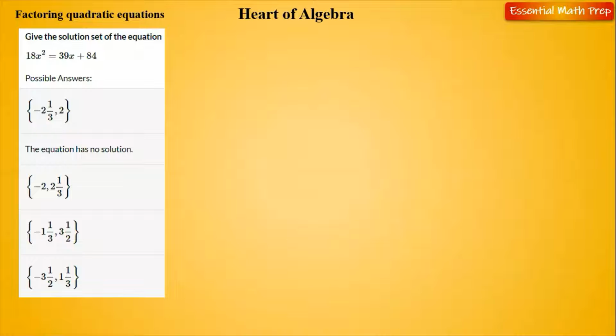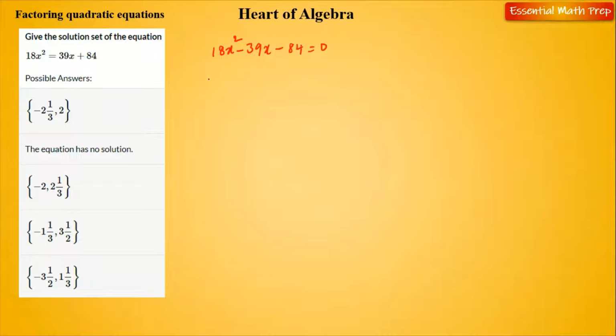Okay. Let's solve this problem. This looks very confusing, but it's not. It's just a good old quadratic expression. So let's write this expression as 18x squared minus 39x minus 84 equals 0.